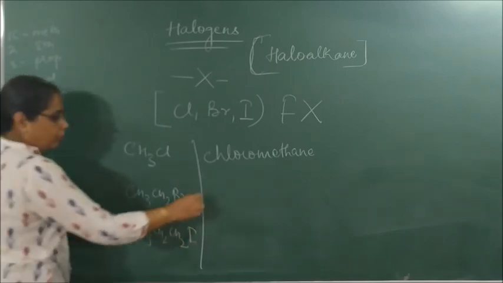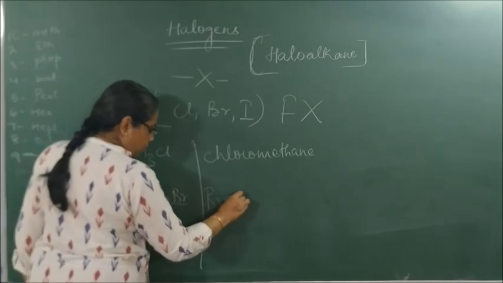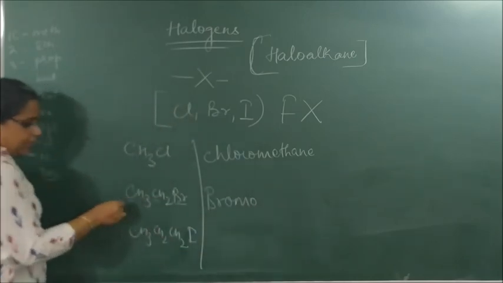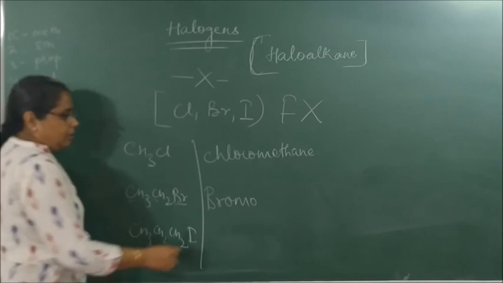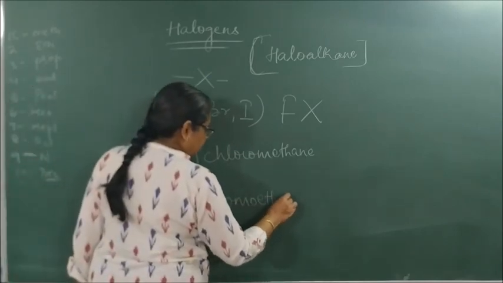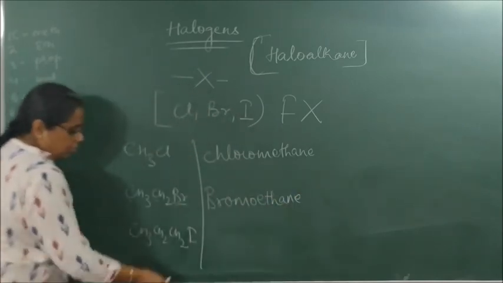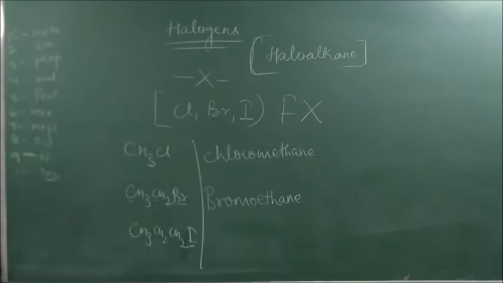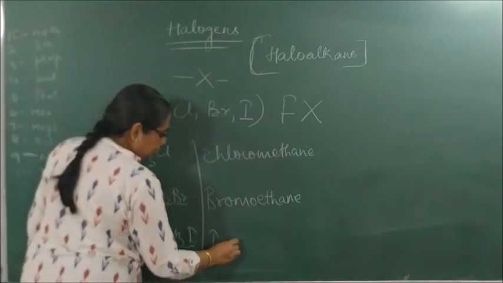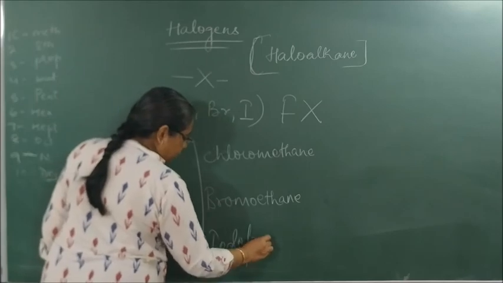So it will become bromo. Now two carbon atoms, ethane. Bromoethane. Good. Now, the third: iodo. How many carbon atoms? 3. So, iodopropane.